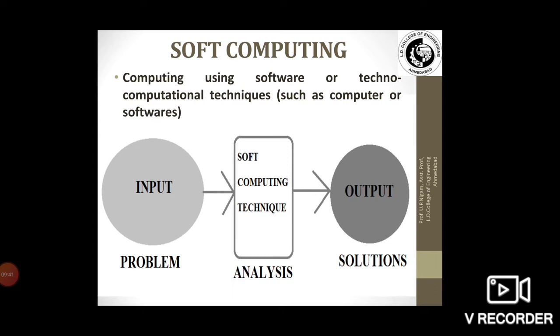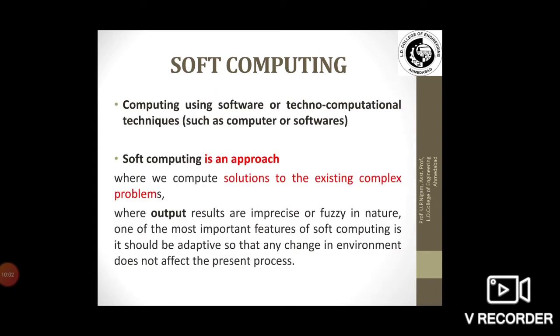So for solving a particular problem and coming to a solution in lesser time, we must have some type of techniques available. So we use computers, soft computing techniques and softwares. We require some machines which can be useful in education and research. Alright, so that is what we mean by soft computing technique.